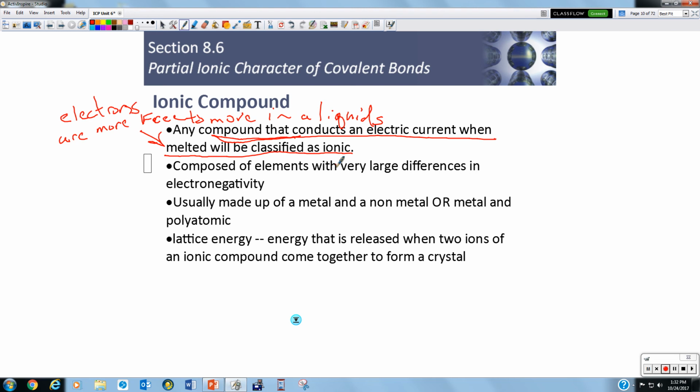So any compound that conducts electricity when melted will be classified as ionic. Covalent compounds really don't change a lot in their electronic structure when they're melted. And it's usually kind of hard to melt a covalent compound as well. Well, I take that back. I'm going to change that statement later.